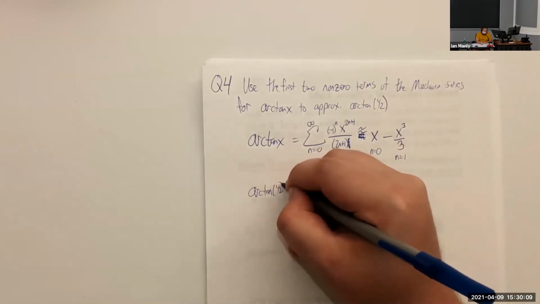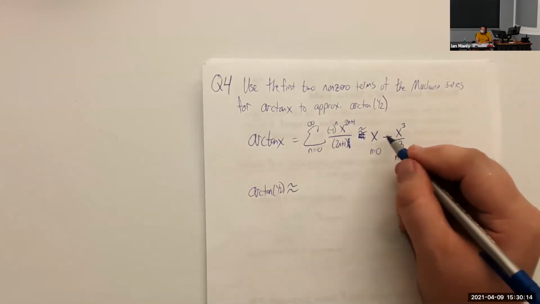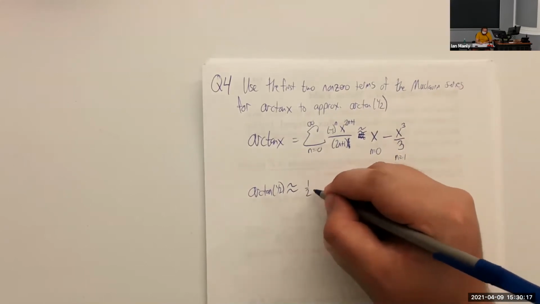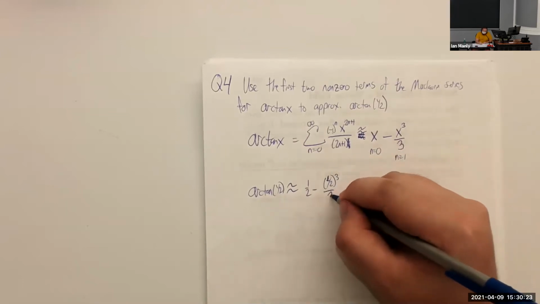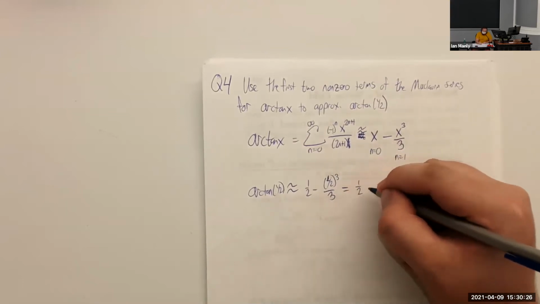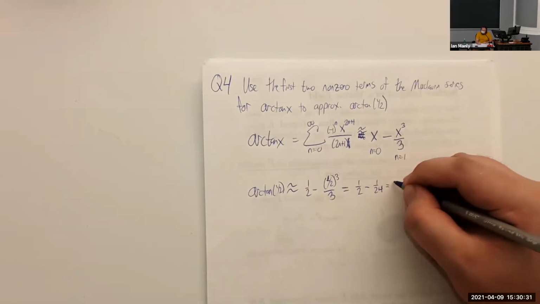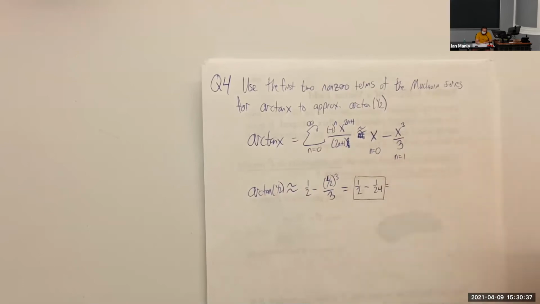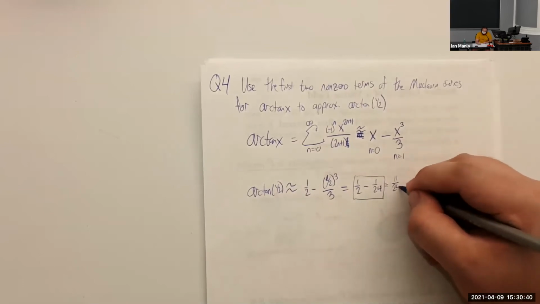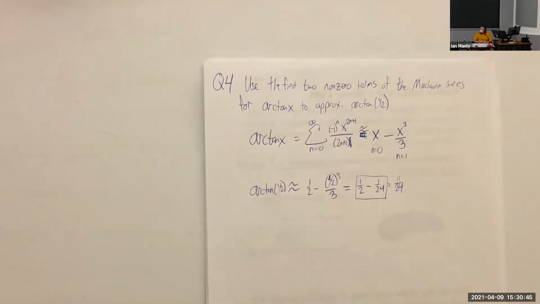So arctan of 1/2 will be approximately equal to, if I plug 1/2 in, 1/2 minus 1/2 cubed divided by 3. This is 1/2, and 1/8 over 3 is 1 over 24. So this ends up giving us 1/2 minus 1 over 24, and if you simplify this, it is 11 over 24. That is our approximation for arctan of 1/2.